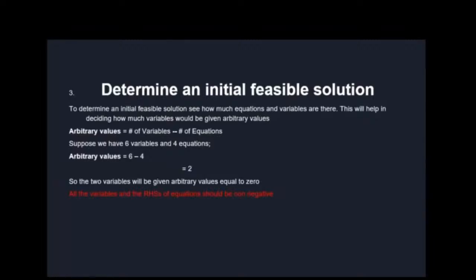For example, we have 6 variables and 4 equations. So arbitrary values become 6 minus 4 is equal to 2. So two variables will be given arbitrary values equal to 0. Note that all the variables and the right hand side of the equations will be non-negative.